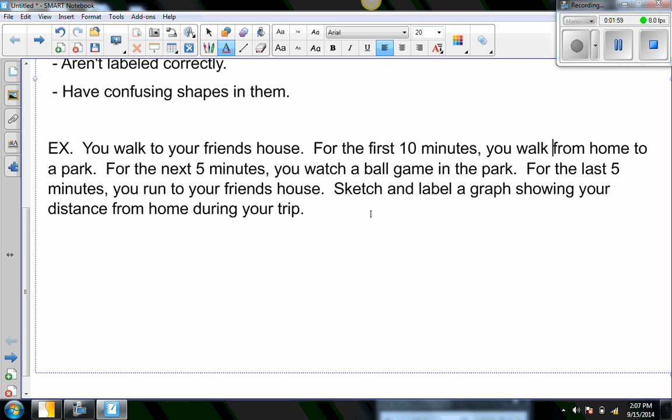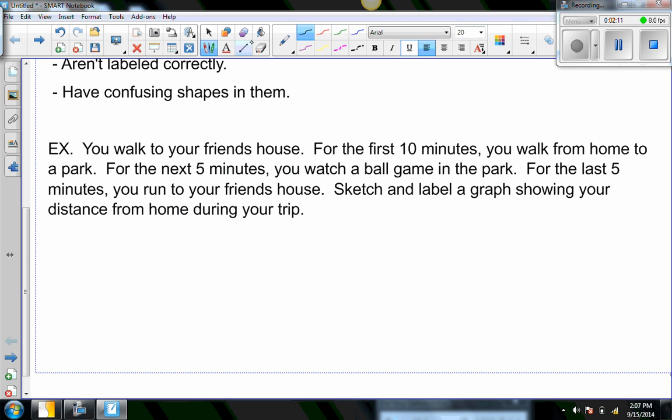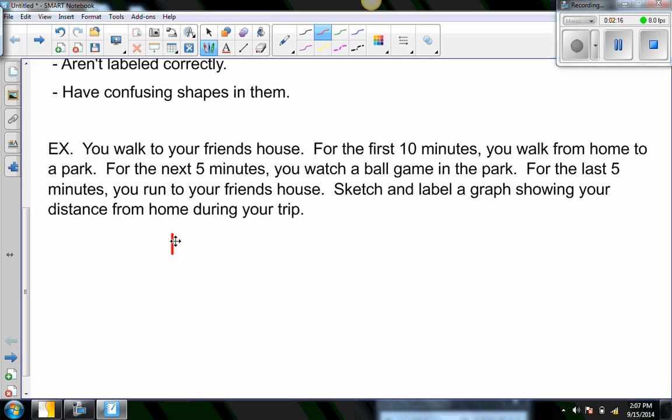Okay, sketch and label. So first thing you need to come up with is a title. You can title it whatever you want. I think I'll probably just call mine Trip to a Friend's or something like that.